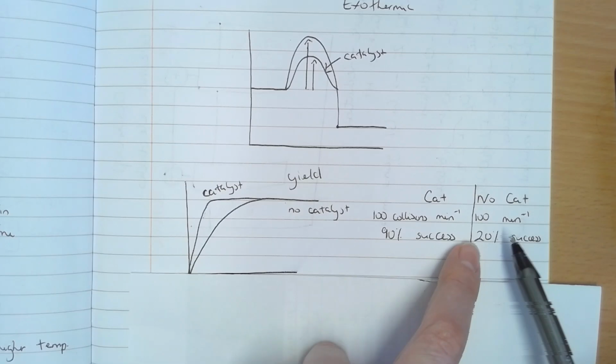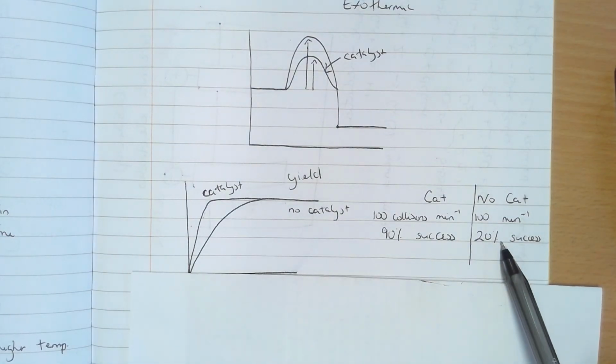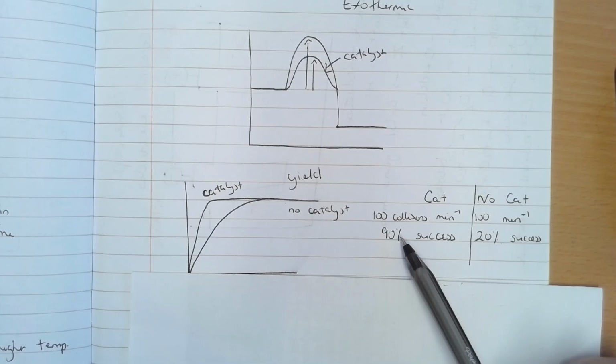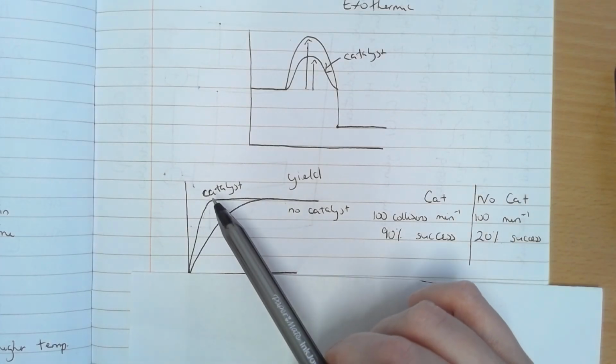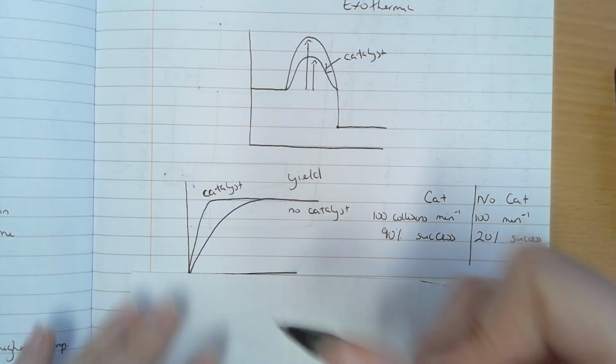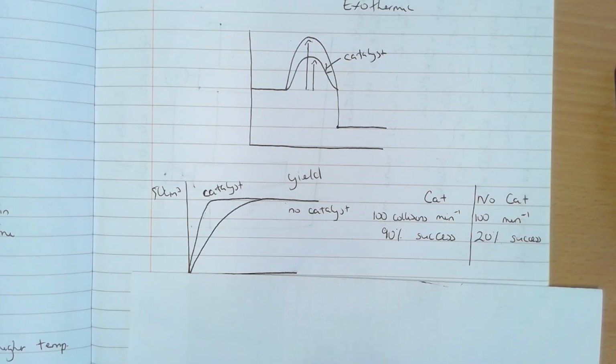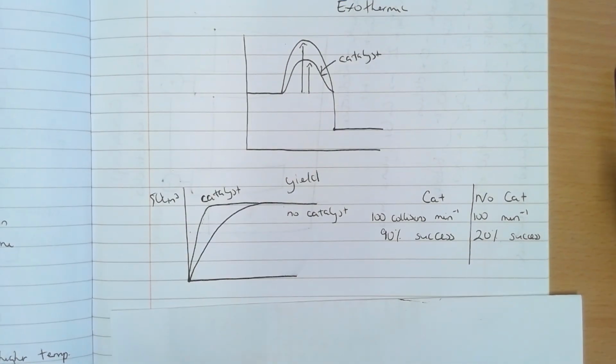So over here, maybe only 20% of these collisions resulted in a reaction, whereas over here 90%. So I don't need as many collisions to get to my desired yield of product, to get to my 50 centimeters cubed, because more of the collisions are actually resulting in a reaction. So again, just make sure you make that distinction. You've got a higher proportion of successful collisions because that activation energy is lower, but you can't say more frequent collisions.